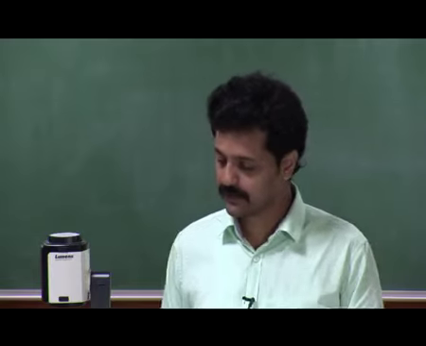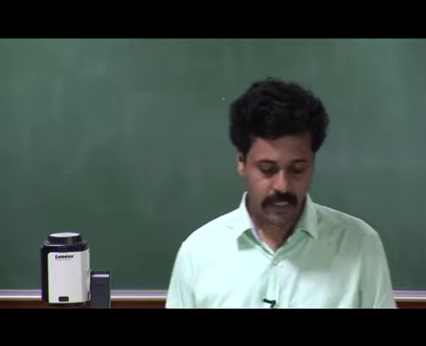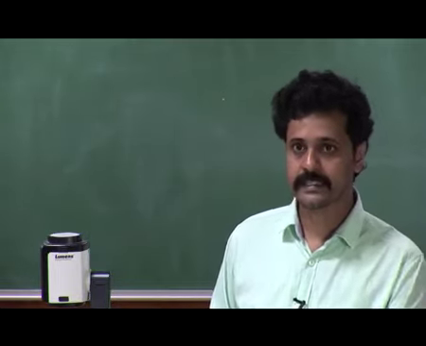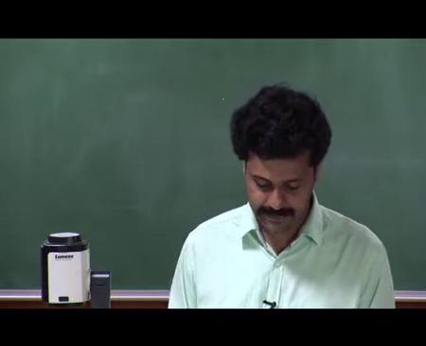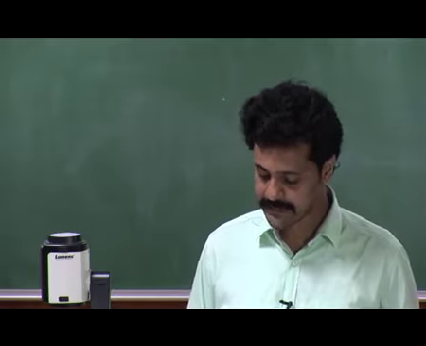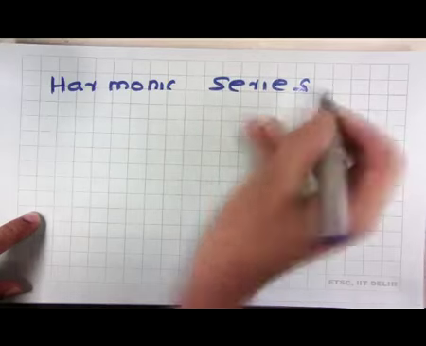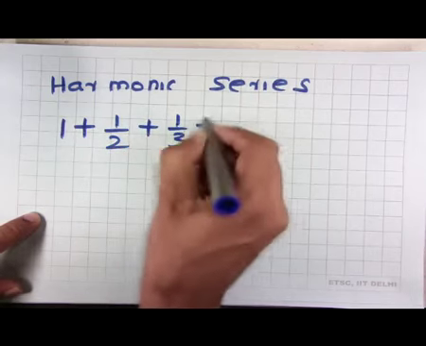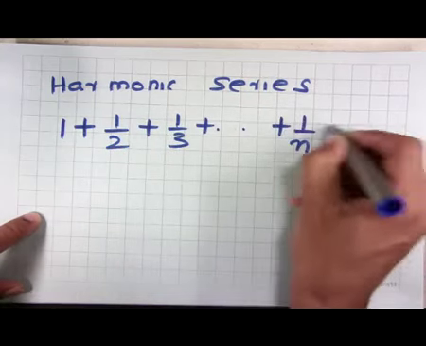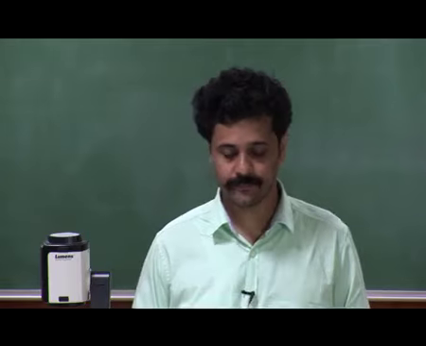Let me make a remark in this context based on this example. Those who are familiar with sequences and series, especially infinite series, might have noticed that the harmonic series, namely the infinite sum 1 plus 1 by 2 plus 1 by 3 plus etc. plus 1 by n plus etc., is an important series occurring in the study of infinite series.